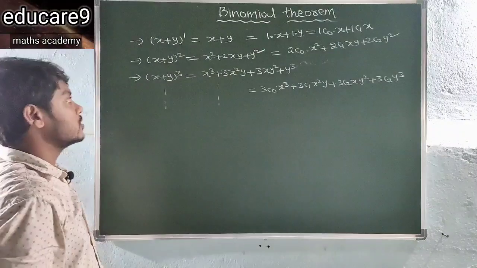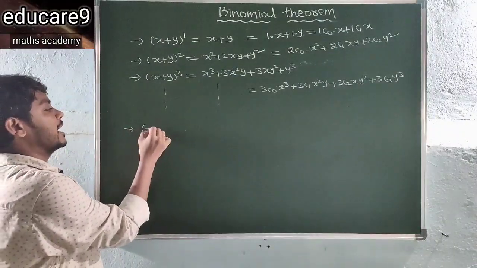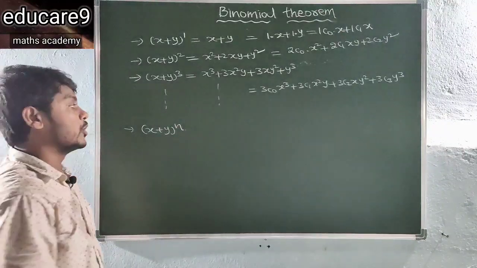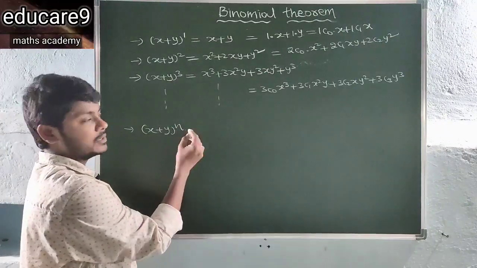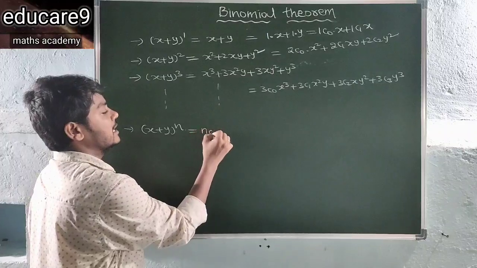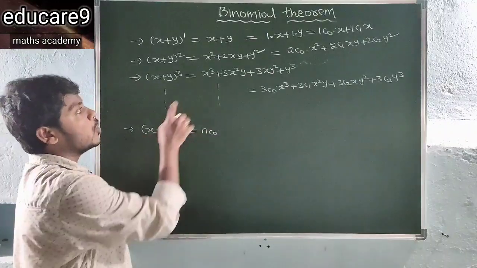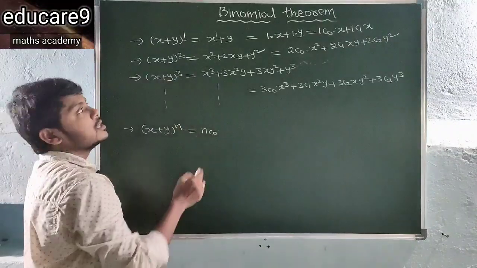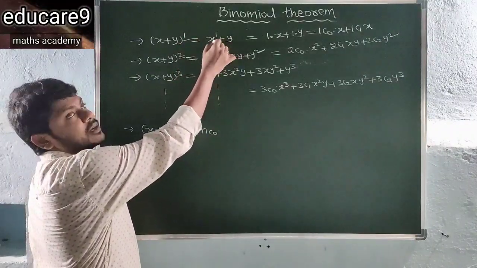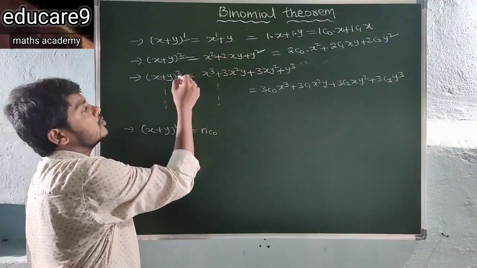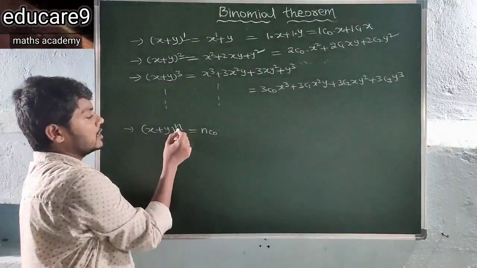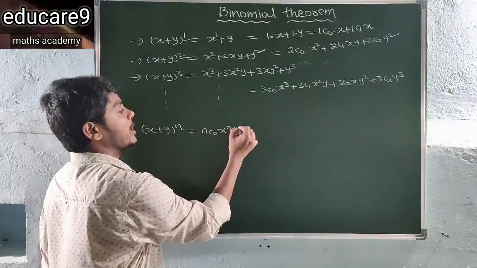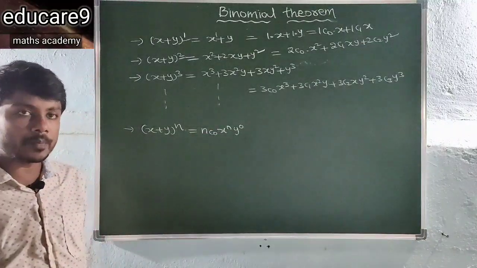Okay. So therefore we have to write x plus y whole to the power of n expansion. So how to write? N value is n only. So this can be written as nC0 into x power is n only. So see here, if n is equals to 1, x power is 1. If n is equals to 2, x power 2. If n is equal to 3, x power 3. Clearly here n only. So write x to the power of n, y to the power of 0.